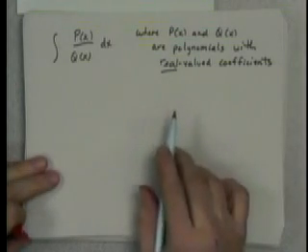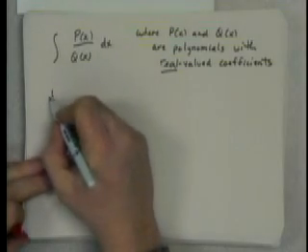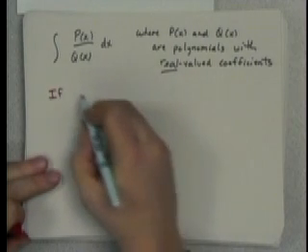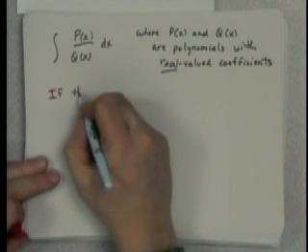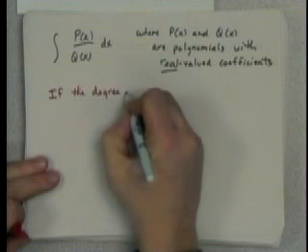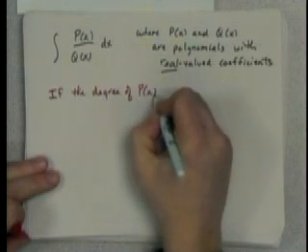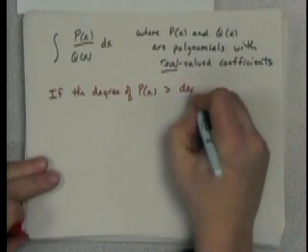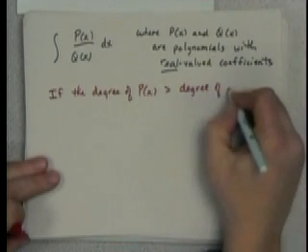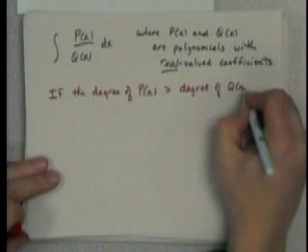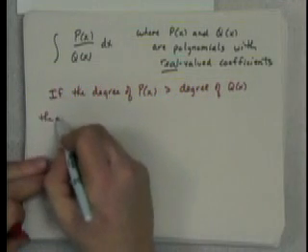And there's two things I want to say. If the degree, which I don't know that I assigned any of these, but it's if the degree of your numerator is greater than the degree of your denominator, then divide them.